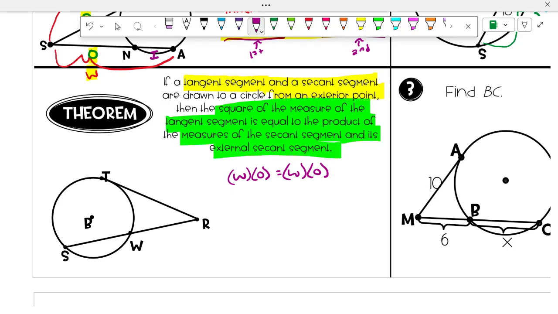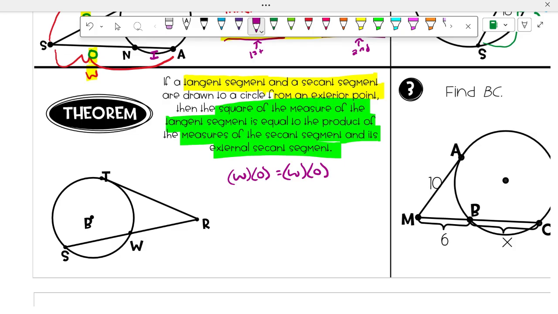However, first off, on that picture, which segment is my tangent line? TR. What's true about TR in terms of its whole and its outer? It has an outer, but it still has a whole.